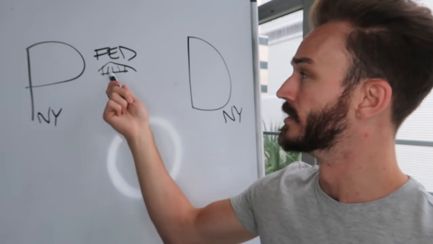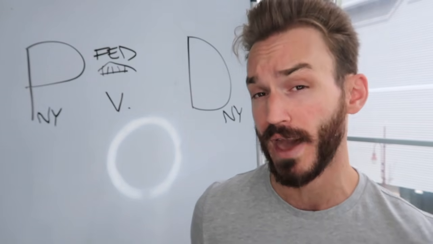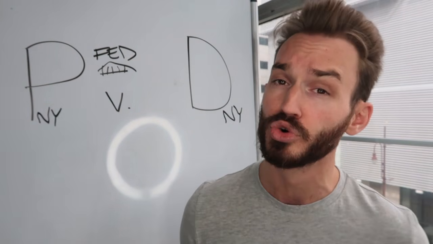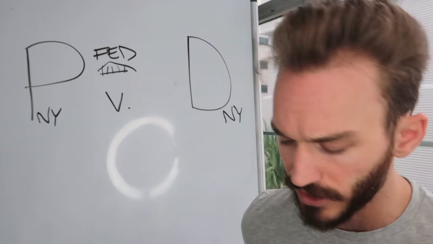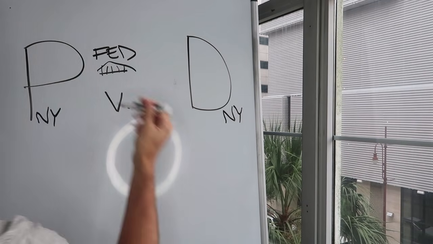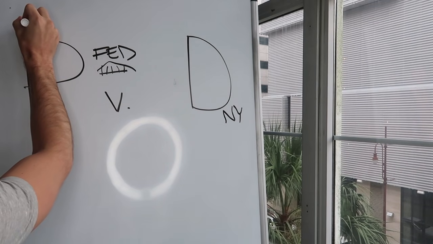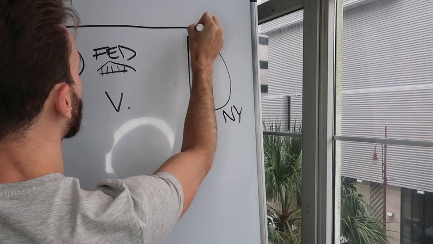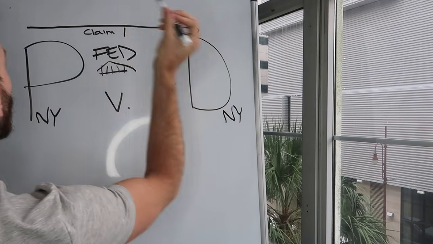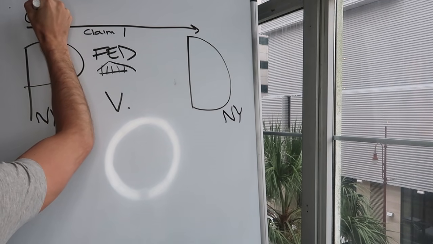So the only way the federal court will have subject matter jurisdiction to hear this case is if federal question jurisdiction is satisfied. So let's create a situation where the court would have federal question jurisdiction. Let's say that we have a claim, and let's call this claim 1, for copyright infringement.